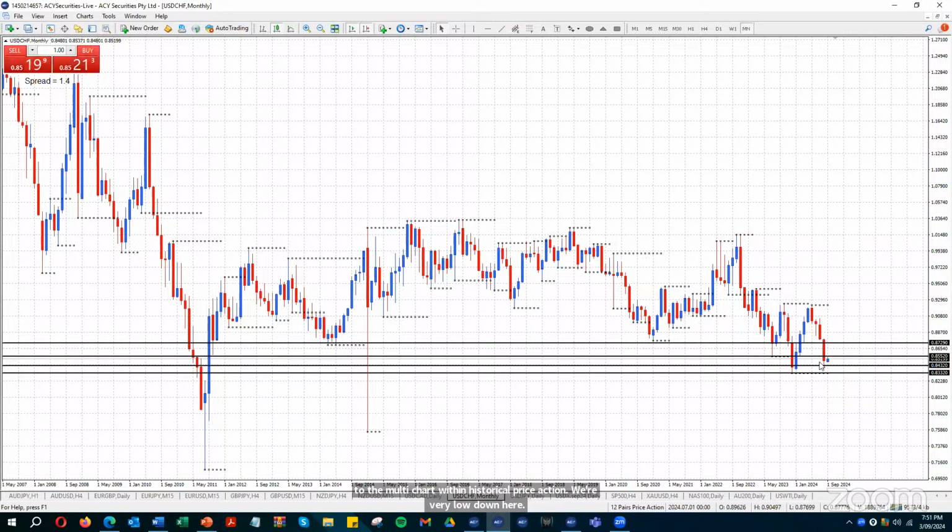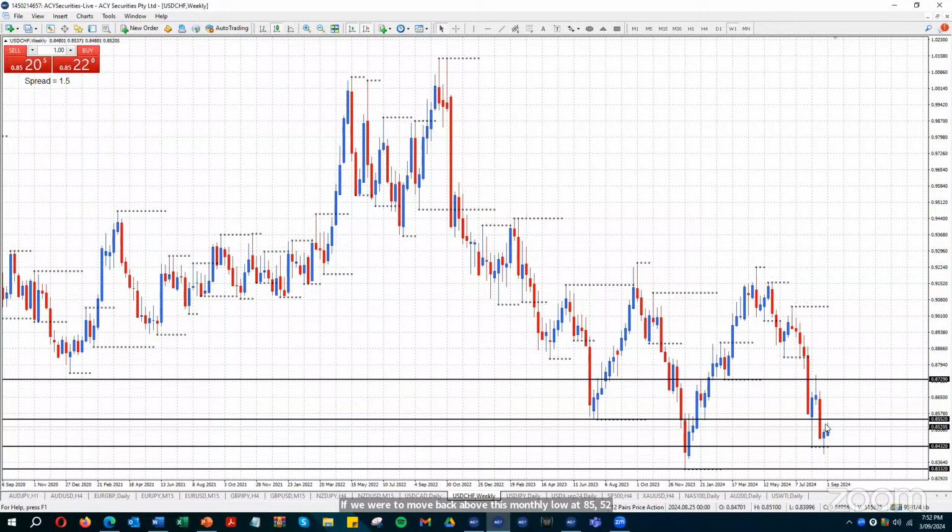So if we were to move back above this monthly low at 85.52, so that's where it is on the weekly chart. If we get above 85.52 this week, we're getting back above monthly support. So if we were to move back above this level, I'd anticipate we're actually going to come up to 87.29 as a move up in the short term.